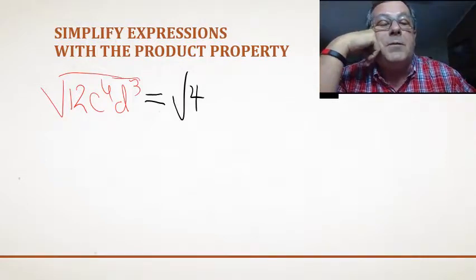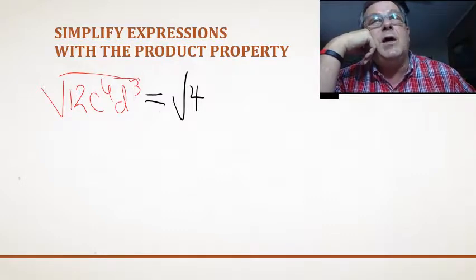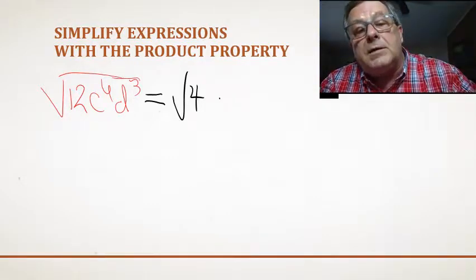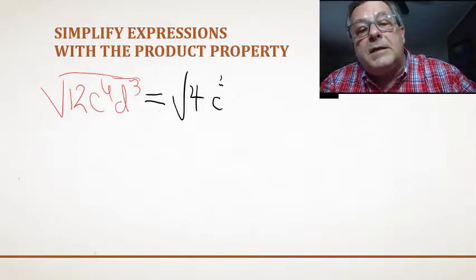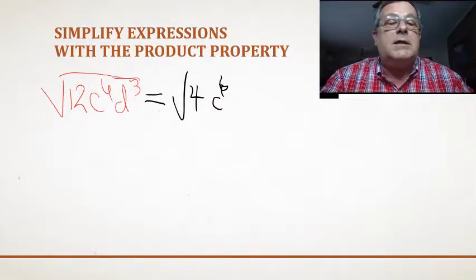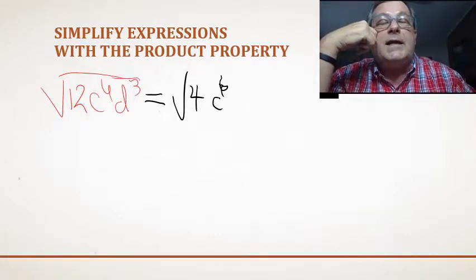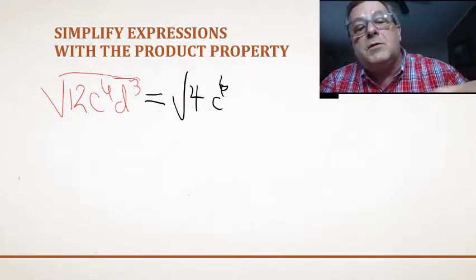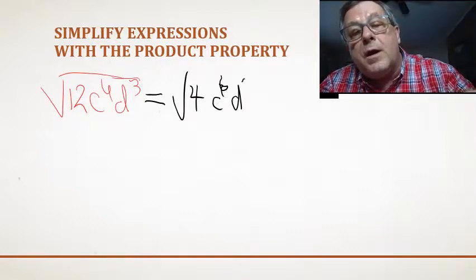And just be patient, I'm going to put it together. Now, c raised to the 6th power. If I take that exponent 6 and divide it by 2, that goes evenly 3 times. Well, I'm going to leave it as c to the 6th for right now. And if I take that d cubed, well, the index square, 2, goes into 3 one time, but it's got 1 left over, so I can take this and make this d squared.